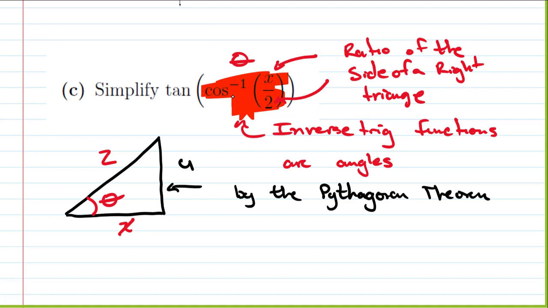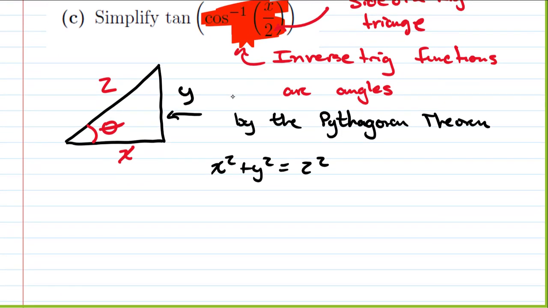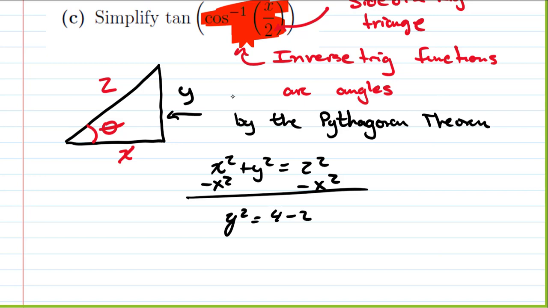We'll call this side y. We have x squared plus y squared equals 2 squared, and we want to solve for y. So we minus x squared, we get y squared equals 4 minus x squared. Taking our square root, we get y is equal to the square root of 4 minus x squared.